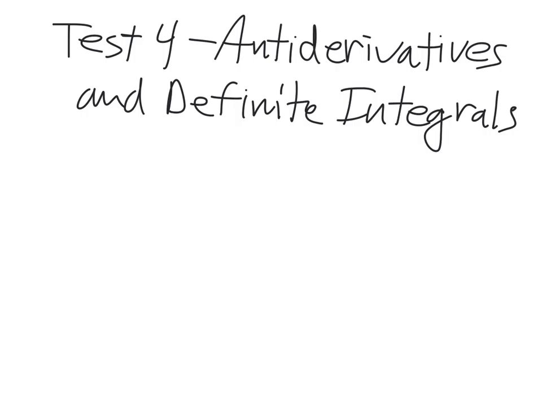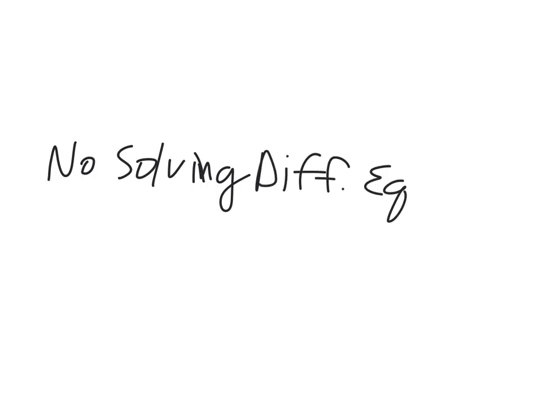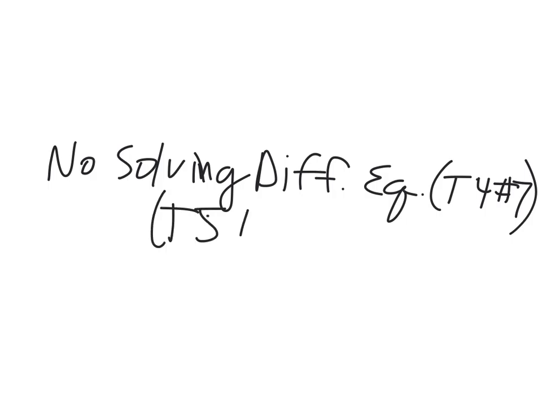So, one type of problem that shows up on test 4 and on test 5 that will not be on the final: no solving differential equations. So test 4, number 7, and then again test 5, when we get to that, number 3.